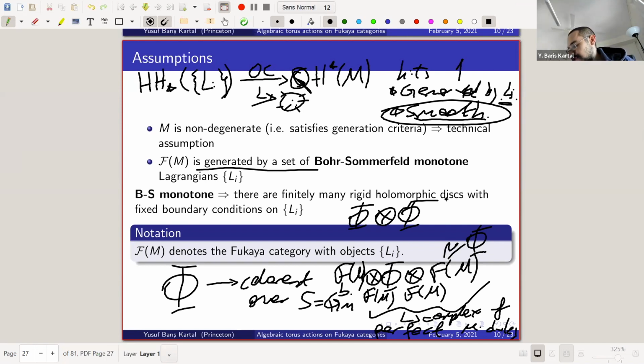Where perfect means, for instance, something that would imply its self-Hom sets are finite dimensional. Maybe this is too algebraic, so I want to black box this, but no, that's good. Thank you.